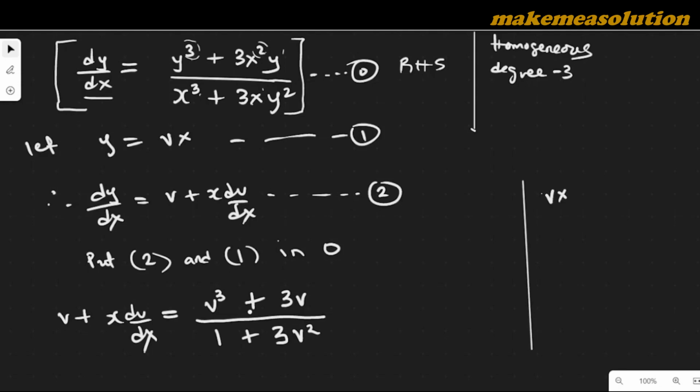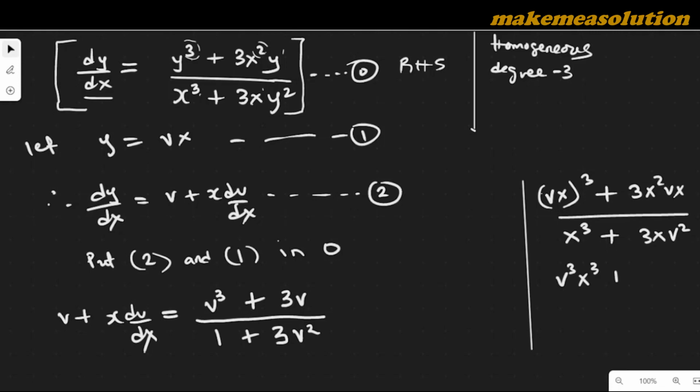So you have (vx) cubed plus 3x squared times vx, over x cubed plus 3x times v squared x squared.